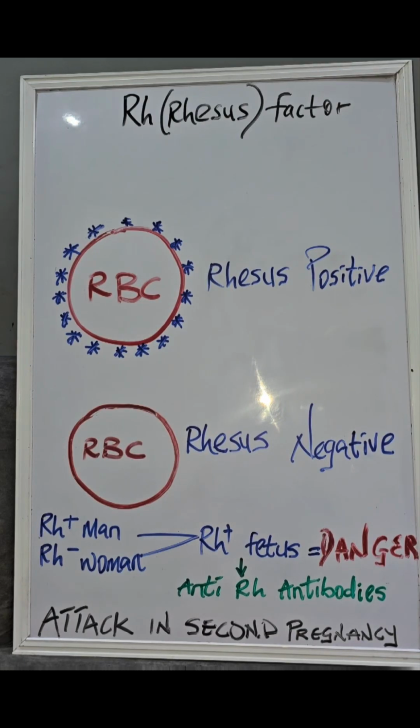But where the danger lies is in the second pregnancy or in subsequent pregnancies. What happens? She conceives again. Remember that the man is Rhesus positive and she's Rhesus negative, so she conceives again, and this time it is still a Rhesus positive fetus.